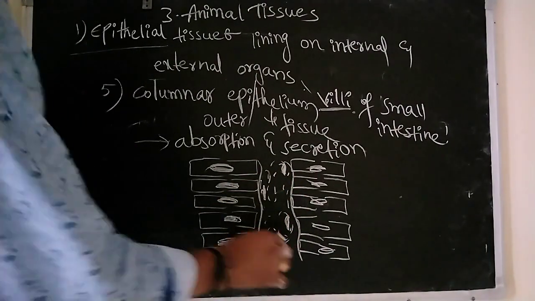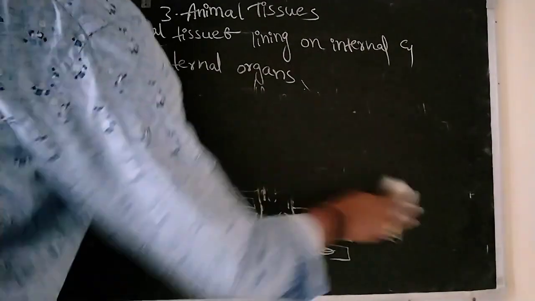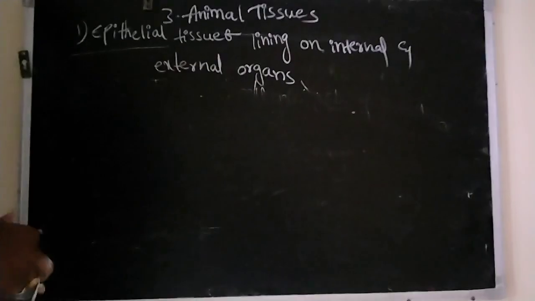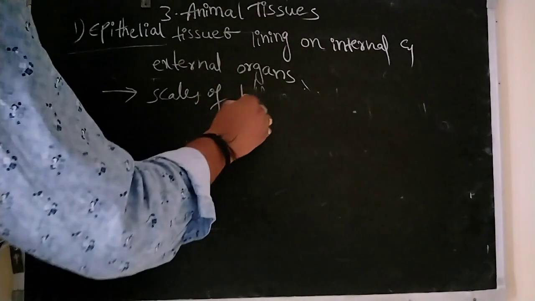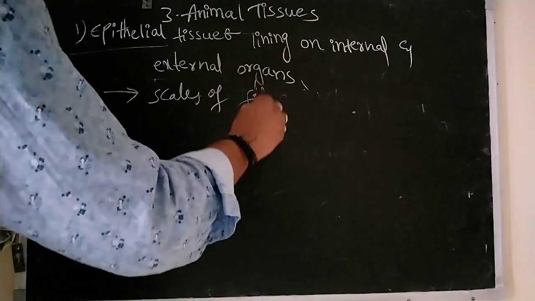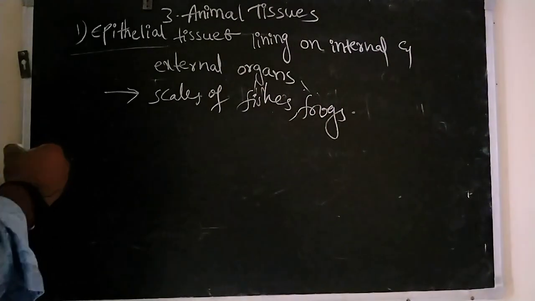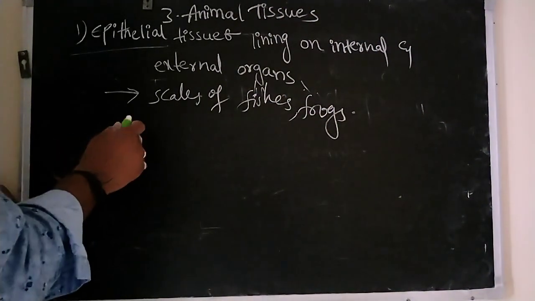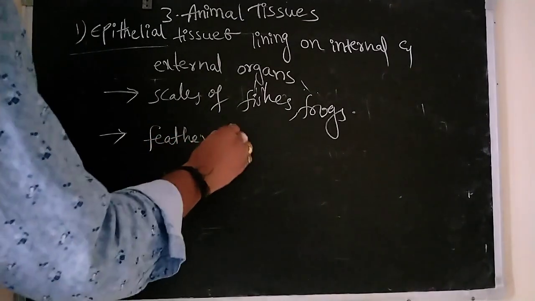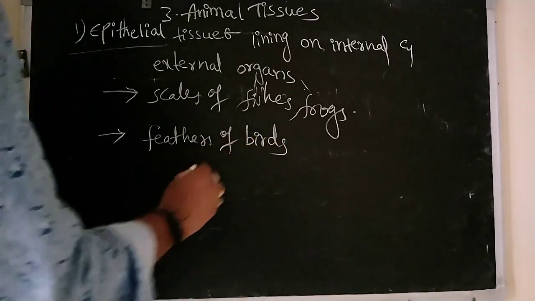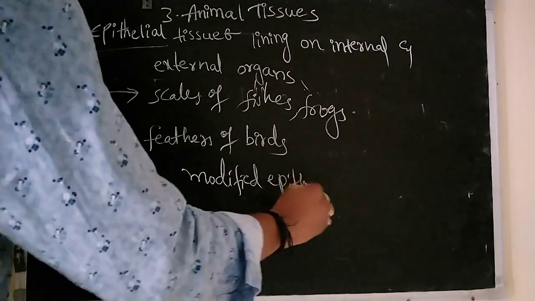Next, last one, sixth one, modified epithelial tissue. For example, the scales of fishes, snakes, and frogs, and the feathers of birds come under modified epithelial tissue.